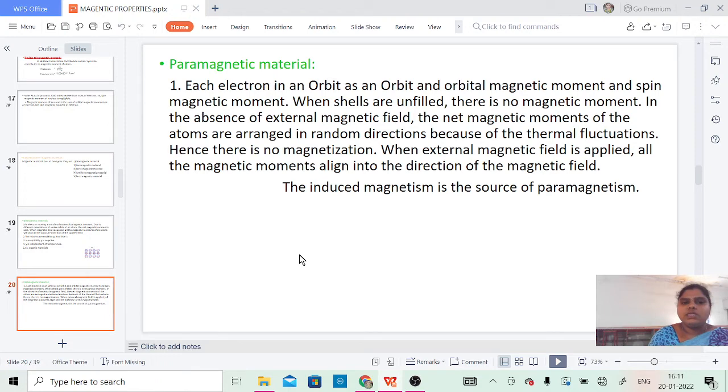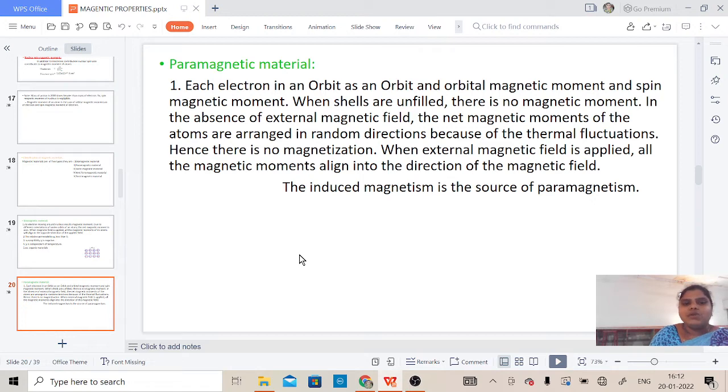Let us see what a paramagnetic material is. Each electron in an orbit has an orbital magnetic moment and a spin magnetic moment. When shells are unfilled, there is a net magnetic moment.